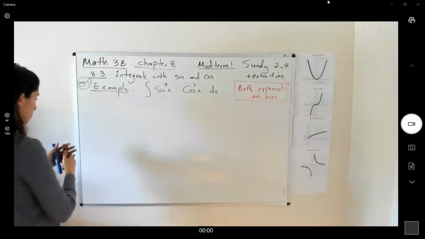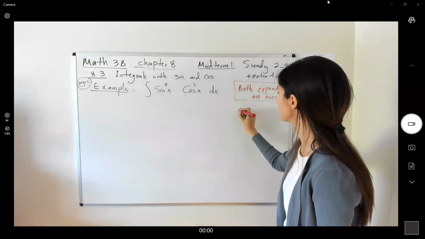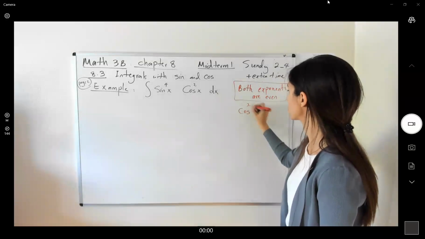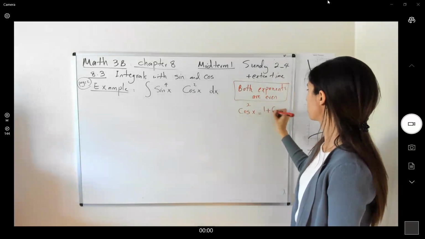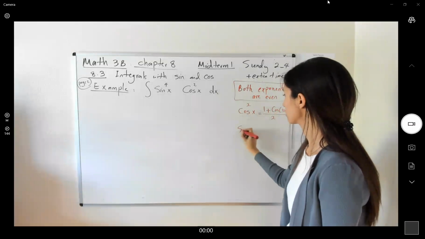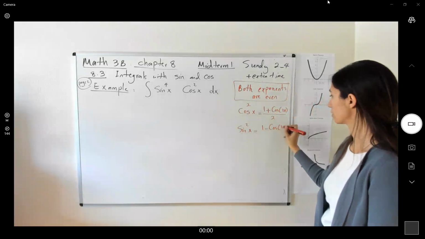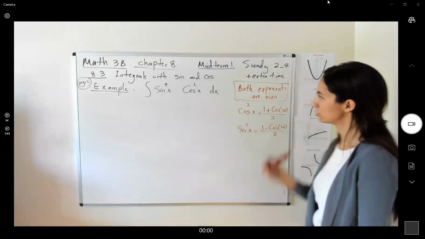There you go. We know that this one is not that hard. We know that cosine squared of x is 1 plus cosine 2x divided by 2. And we also know that sine squared of x is 1 minus cosine 2x divided by 2.